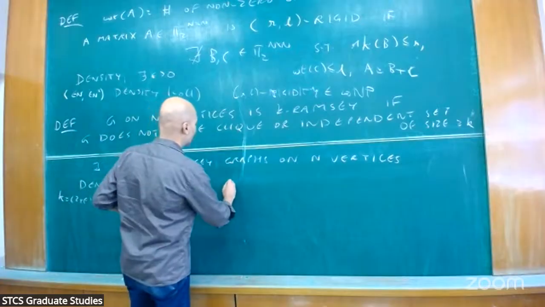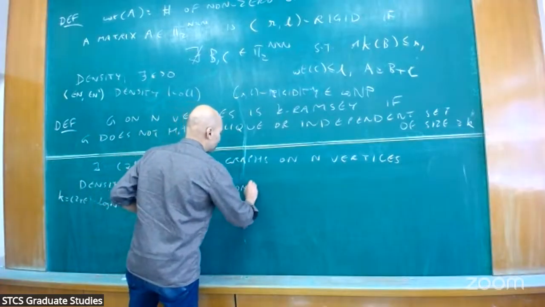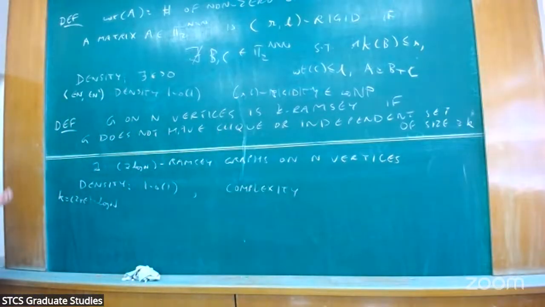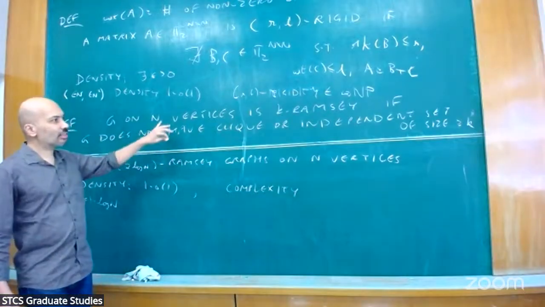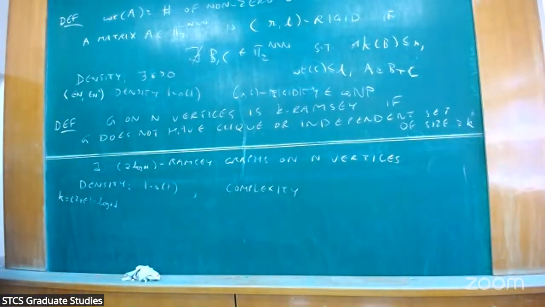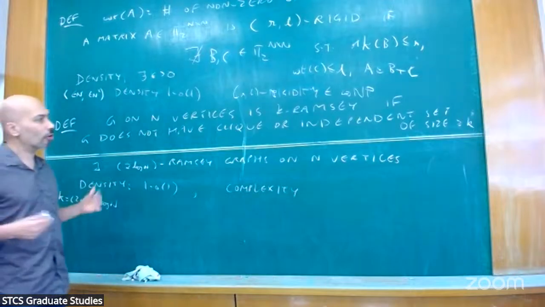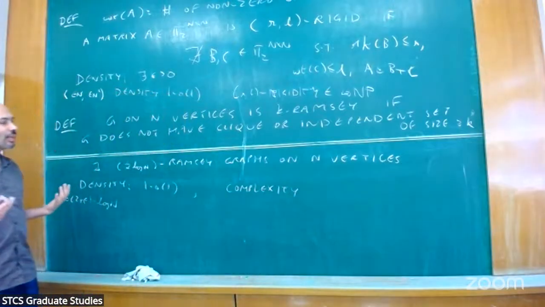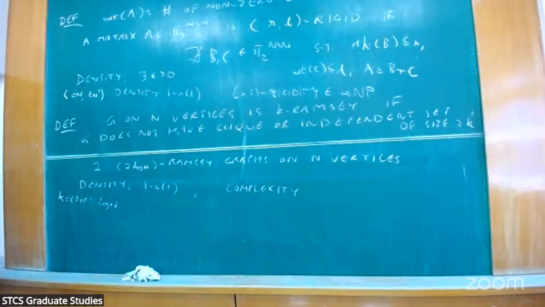And again, the complexity. Well, the obvious way of solving this is to check all cliques and independent sets. So if your parameter is, say, 3 log n, then you can do this check exhaustively in quasi-polynomial time, in time n to the order log n. But if you want to restrict yourself to polynomial time, but allow quantifiers, then you can do it in co-NP.